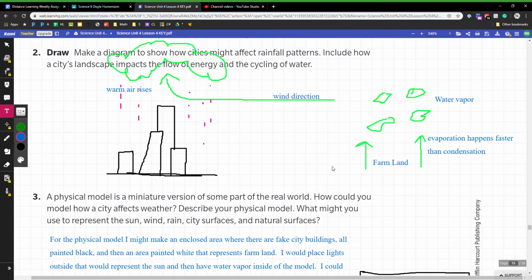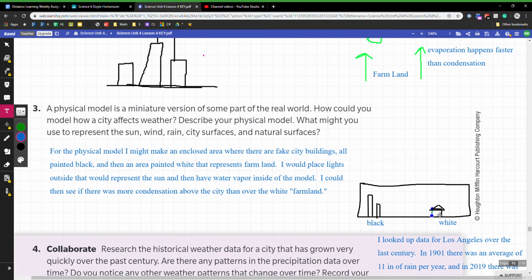Make the whole city black and the farmland all painted white, and then you can have lights above it, like those big garage-type lights, shooting the light down into this open tank.